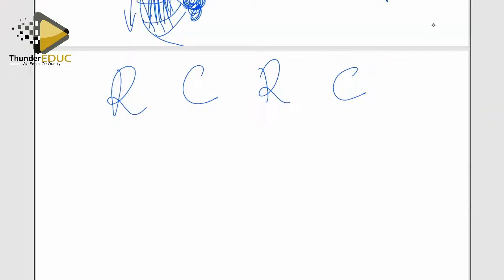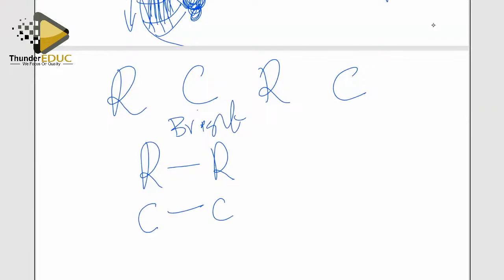That is during the bright light. In bright light, R will go with R, and C will go with C. This is bright light.